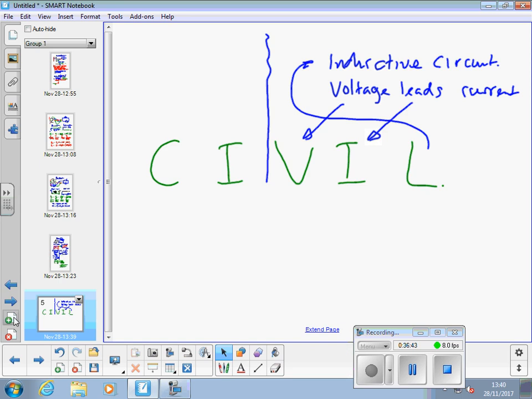In an inductive circuit, so we're looking over this right hand side here, voltage is ahead of the current. In the word, voltage leads current. We could equally say current lags voltage. Put that on there.